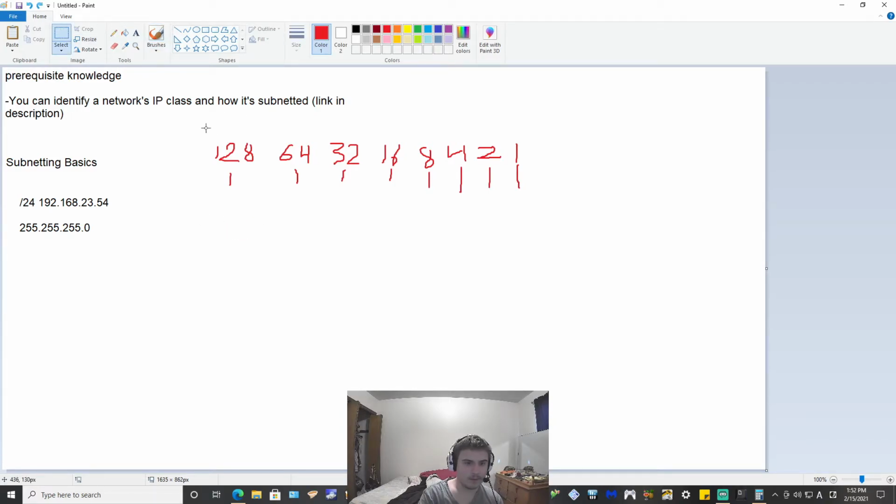I could probably just copy these and paste them down here, just to save time, so I don't have to write all these out again. So these can also be written out like this in binary. You can have 1, 1, 0, 0, 0, 0.